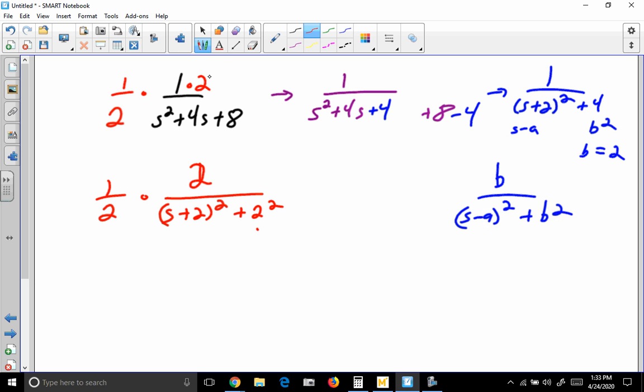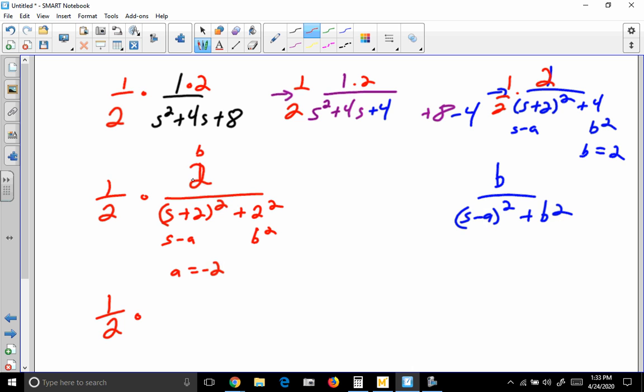We picked up a 2 on bottom and on top. So we have b over s minus a squared plus b squared. So a in this case is -2 again. s minus -2 makes s plus 2. So transform that. 1/2 is the constant.